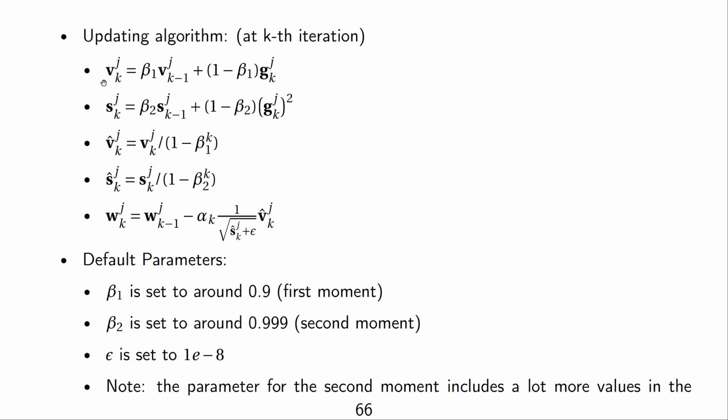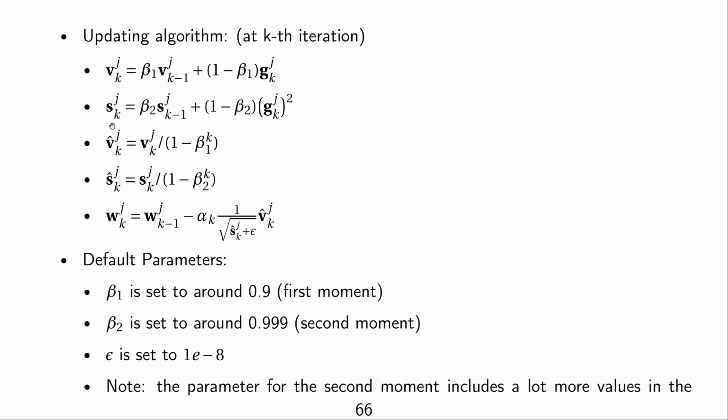If we look at this first equation, that is the equation that we used for stochastic gradient descent with momentum. We're keeping track of a velocity v at time step k, and now we also write it component-wise. So we have velocity at time step k, and it's the jth component, and we have this principle of beta 1 times the last velocity plus 1 minus beta 1 times the gradient at the current time step.